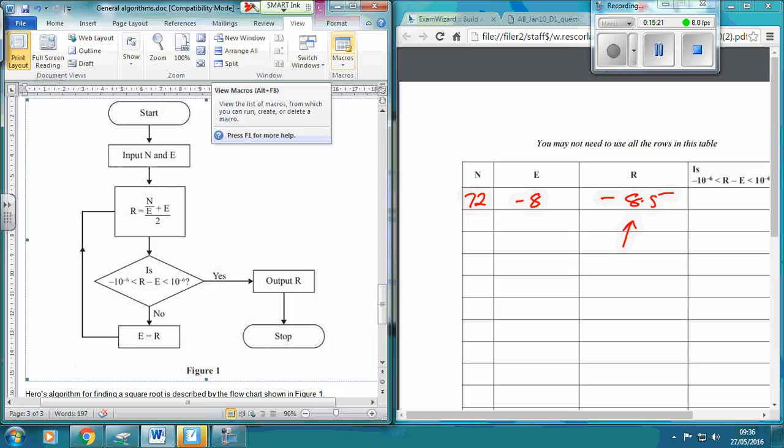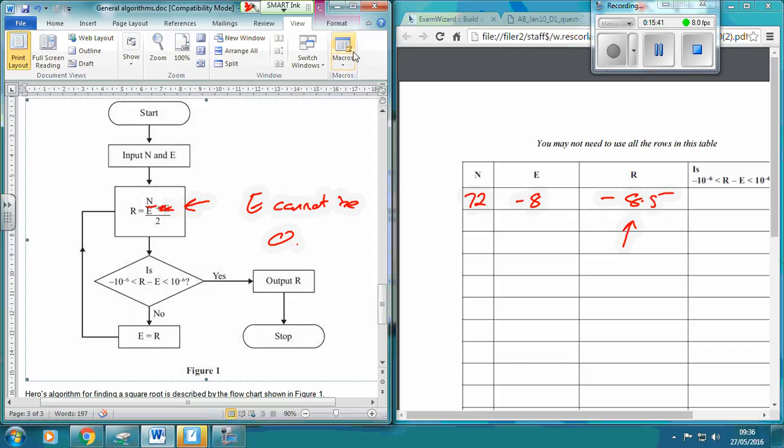We can't ever divide by 0, so we need to find the value of e which makes the denominator 0. Here we've got n divided by e. We can't divide by 0, so e cannot be 0.